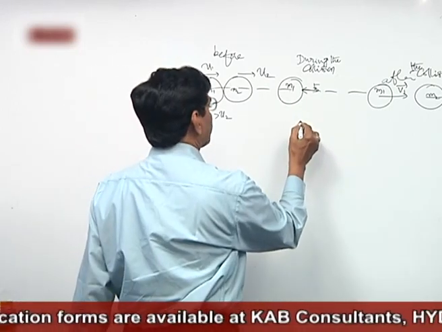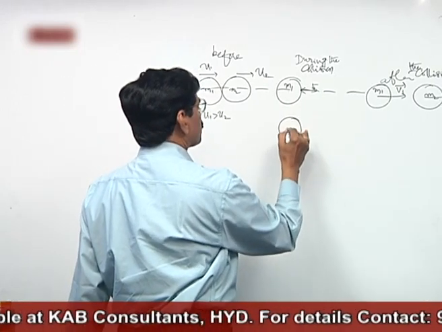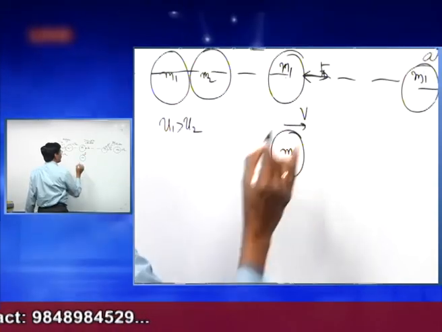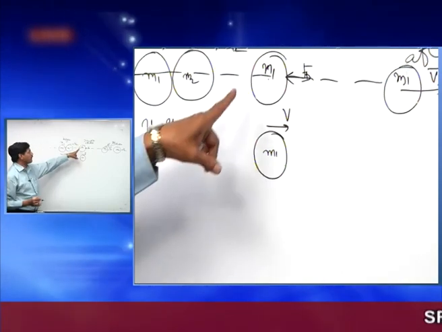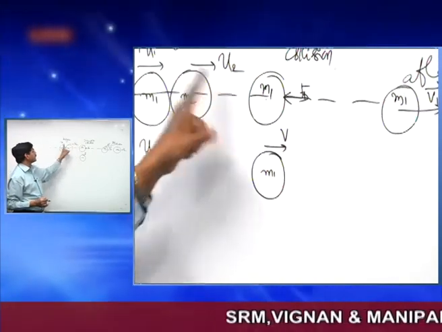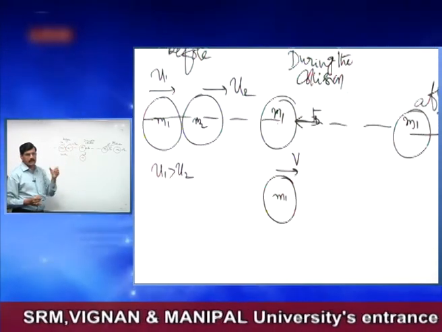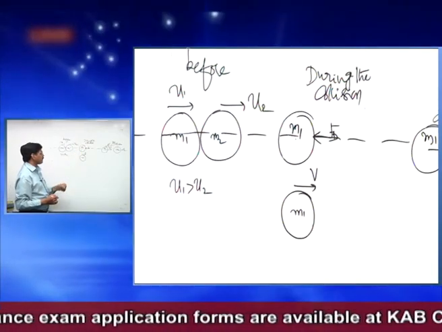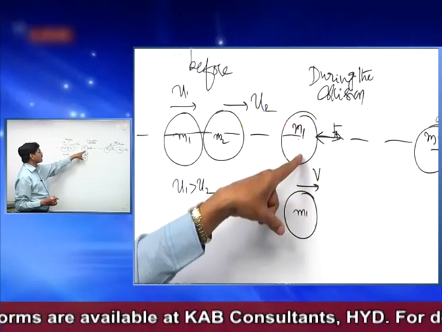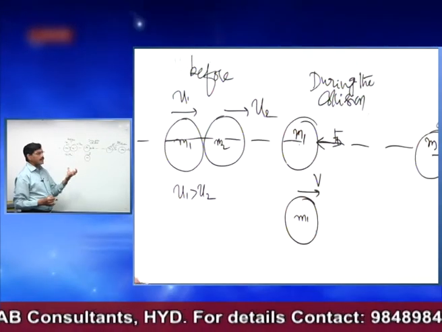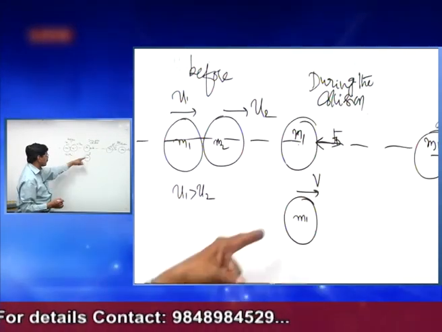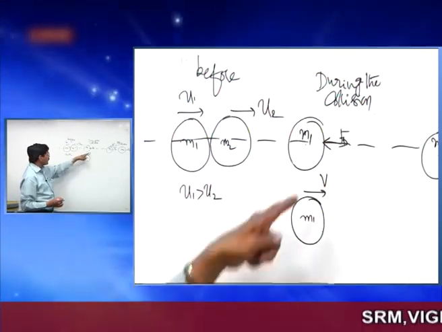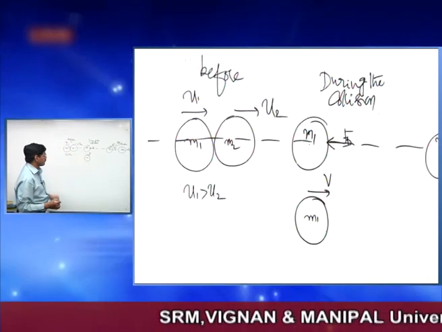During that transition time, the velocity of the first ball changes from u1 to v. The velocity has decreased because of the deforming force and the impulse of deformation, and at maximum deformation the velocity is v, which is less than u1.